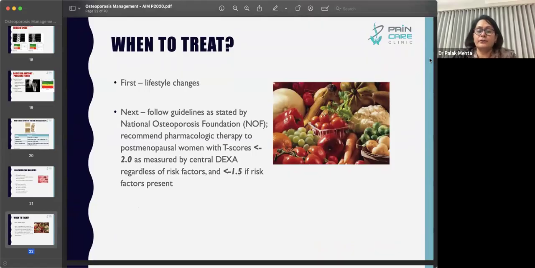The National Osteoporosis Foundation has also recommended pharmacological therapy, particularly for patients whose T-scores are less than -2 as measured by central DEXA regardless of risk factors, and less than -1.5 if risk factors are there.